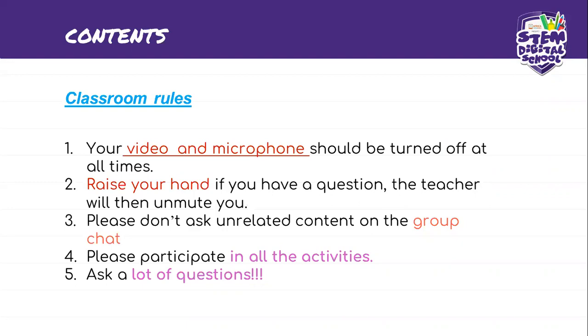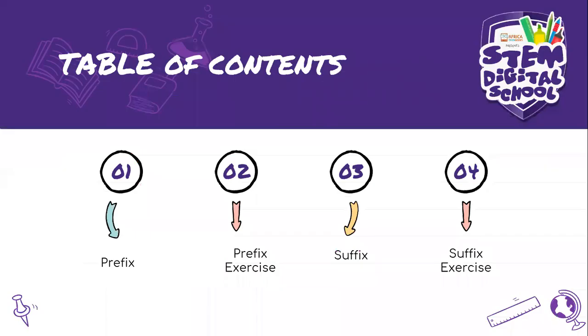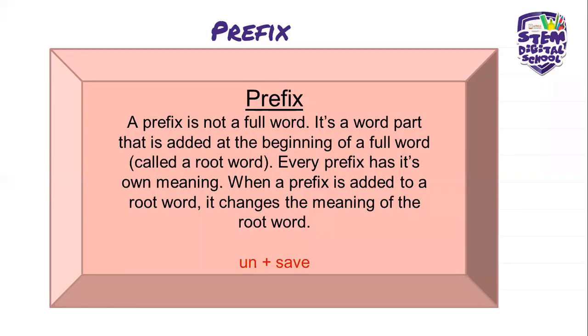And please participate. Ask me questions if there's something you are not comfortable with. So we're going to start. We are going to do the prefix and the suffix today, and we're going to do some exercises together. Now, a prefix, like I'm sure you know, is not a full word. It's a word part that is added at the beginning of a root word.